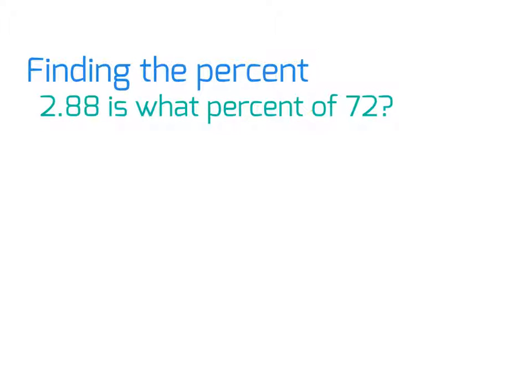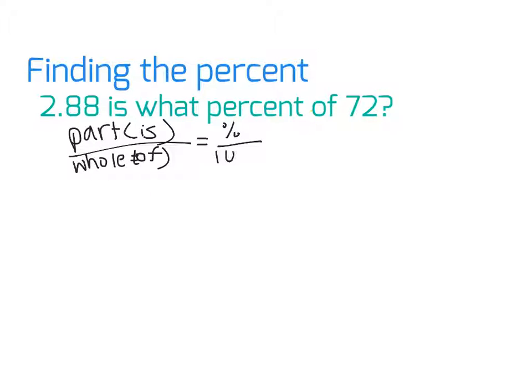So the last type of problem that we're going to find is finding the percent. An example of this could be if I have 2 and 88 hundredths is what percent of 72. So I'm going to set this up as a proportion, and just to kind of make myself remember, and it's good practice, I'm going to do the part, which can be represented by the word is, over the whole, which can be represented by the word of, is equal to my percent over 100.